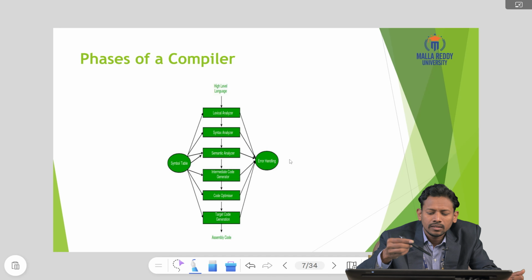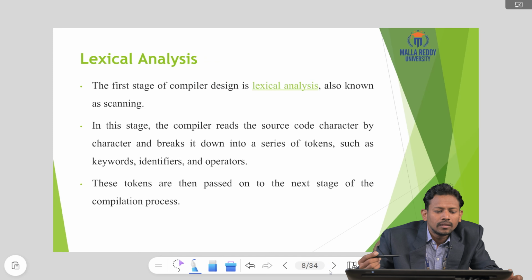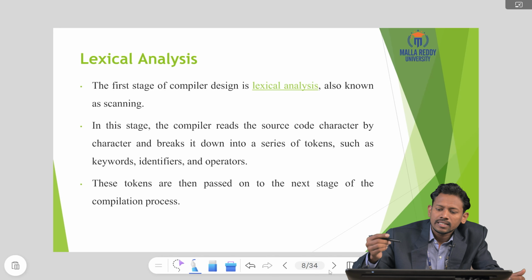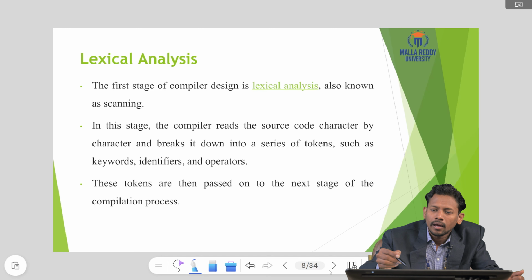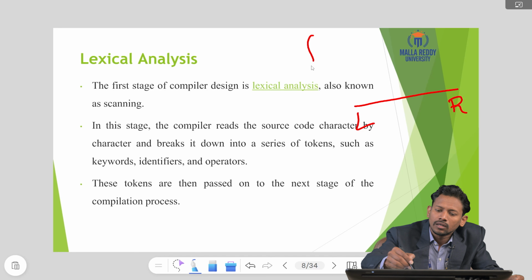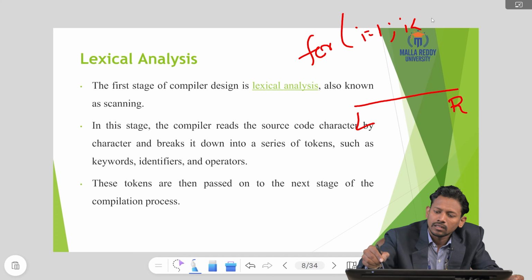The first phase of the compiler is lexical analysis. The lexical analyzer scans the program from left to right. Suppose the instruction is: for i equal to 1, i less than 10, i plus plus.